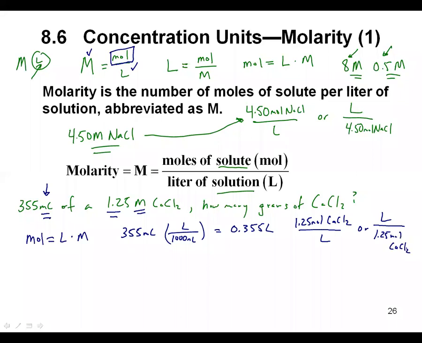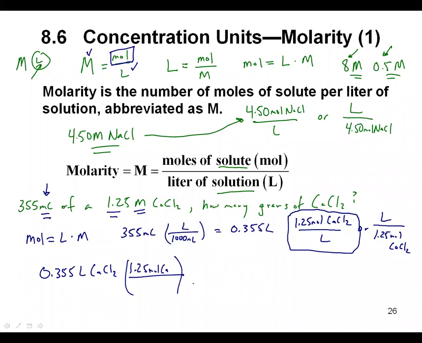So now you have everything in the right units. You can see all the units, and really you could treat it like a conversion problem. If I started with the 0.355 liters of calcium chloride, and I do it like a conversion problem, liters are on top, which means I want my molarity to be used like this, which is 1.25 moles of calcium chloride over a liter.